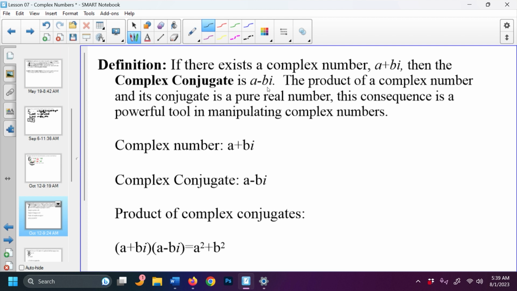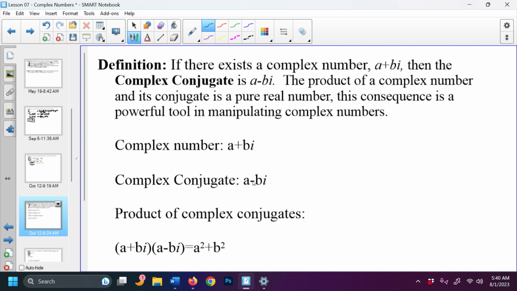Definition: if there exists a complex number a plus bi, then the complex conjugate is a minus bi. The product of a complex number and its conjugate is a pure real number. This consequence is a powerful tool in manipulating complex numbers. If you look at this, here's my complex number a plus bi. The complex conjugate is a minus bi. And you'll notice that the a does not change sign.